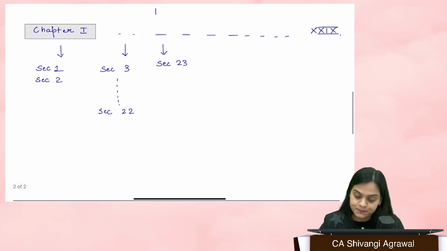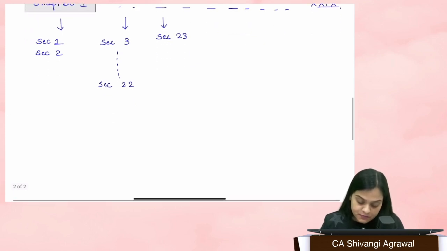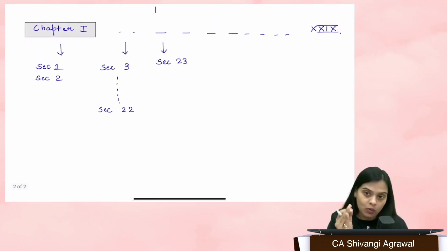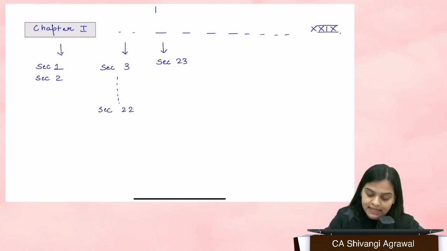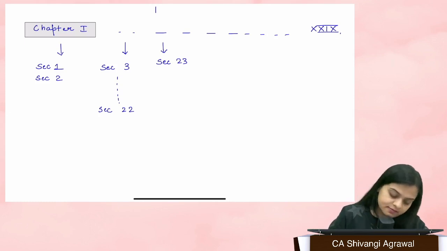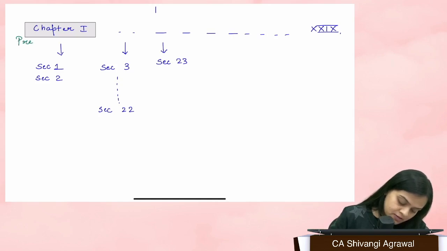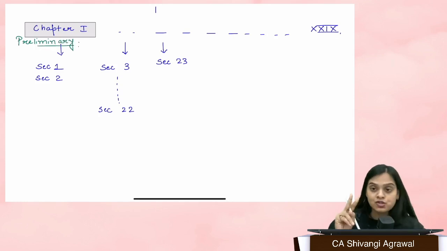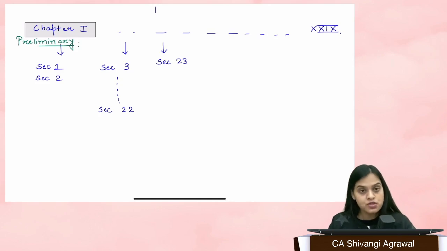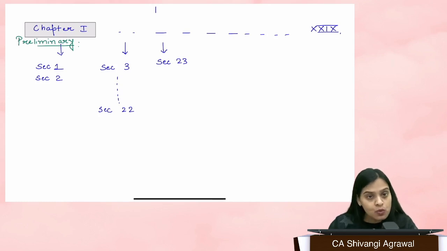Now, when I say chapter 1, it has just two sections, section 1 and section 2. This chapter's name is Preliminary. Section 1 talks about short title, extent and commencement, and section 2 talks about the definitions.